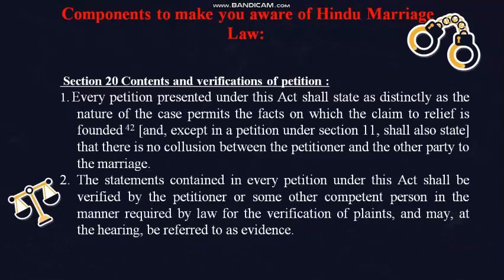The statements contained in every petition under this Act shall be verified by the petitioner or some other competent person in the manner required by law for the verification of plaints, and may at the hearing be referred to as evidence.